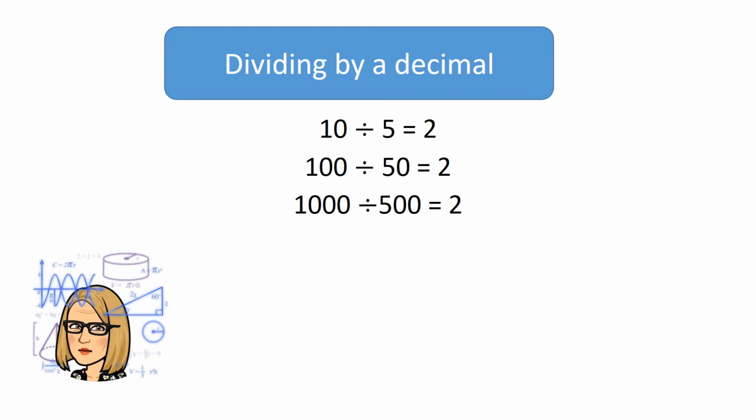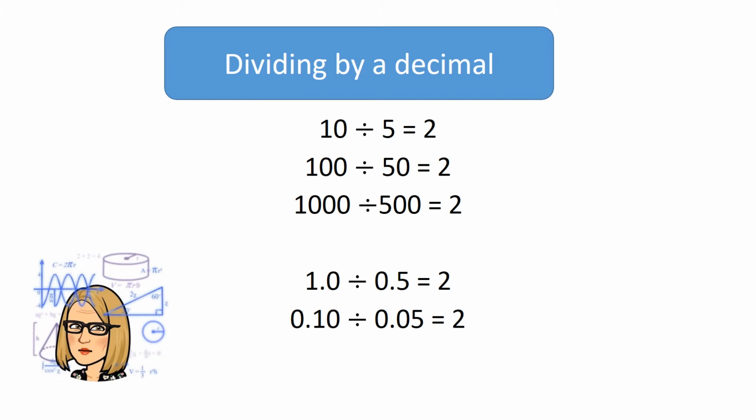So I've got 1,000 divided by 500, and the answer is still 2. If I make the 10 and the 5 10 times smaller to become 1 divided by 0.5, then the answer is still 2. And if I make them 10 times smaller again, 0.1 divided by 0.05, then my answer is still 2. And this will help me when I'm dividing by decimals.